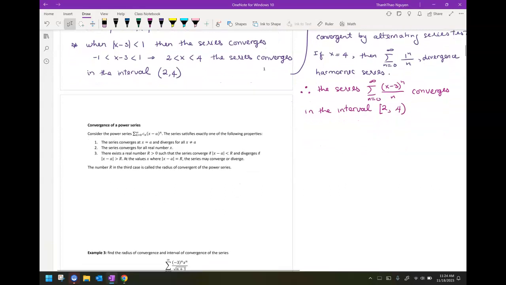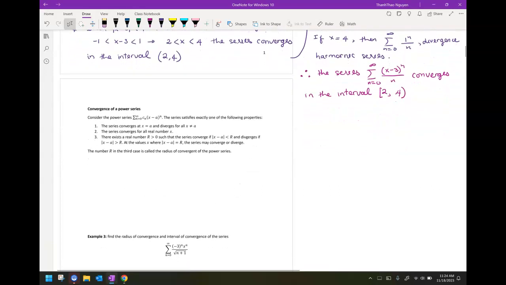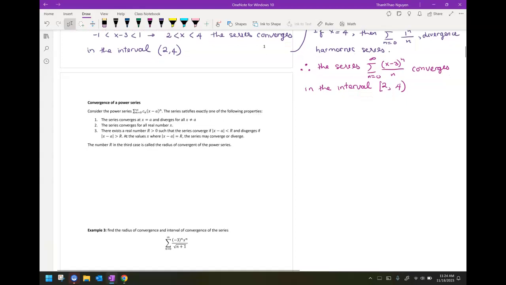Consider the power series that has center at a. The series satisfies exactly one of the following properties. The series converges at x equals a and diverges for all x that is not a. The series converges for all real numbers x.